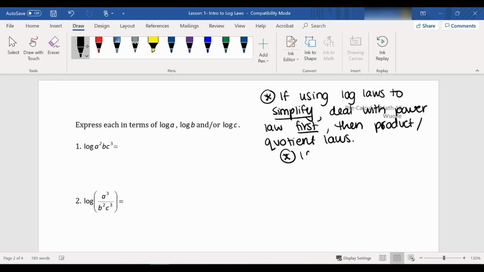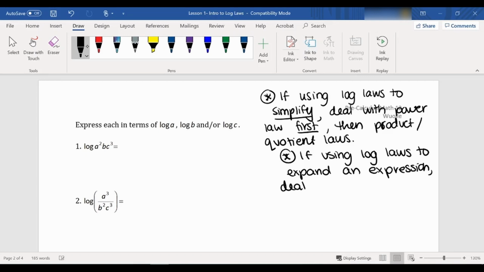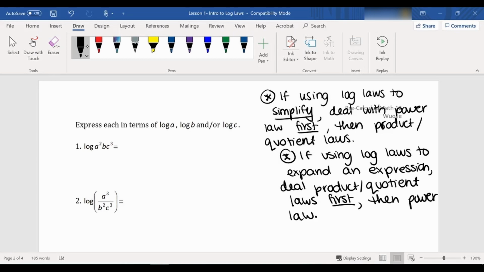If you're using your log laws to separate things out and expand, like we're about to do, then you're going to deal with product or quotient laws first and then your power law. So because we're doing opposite things, expanding versus simplifying, we want to deal with the laws in the opposite order.